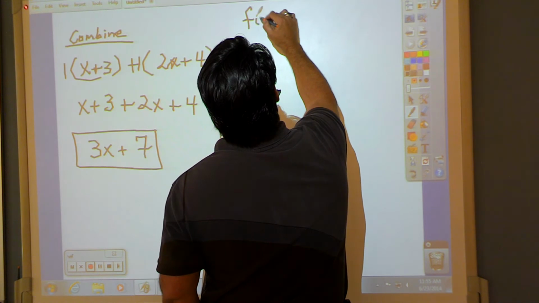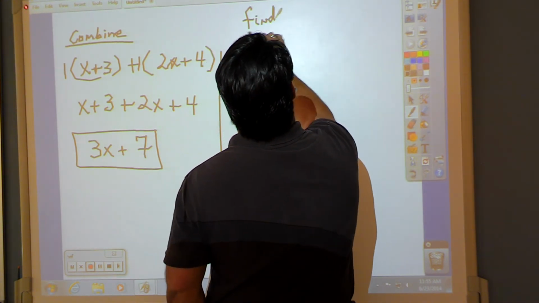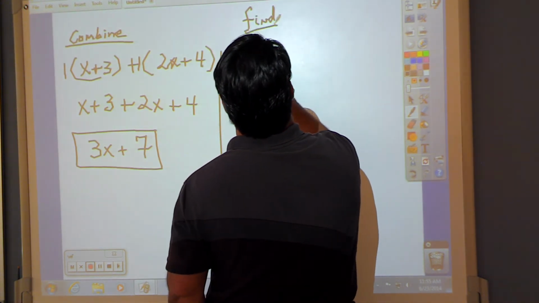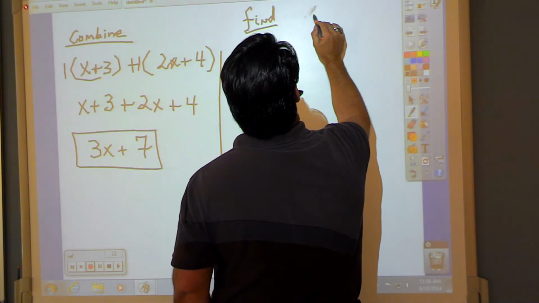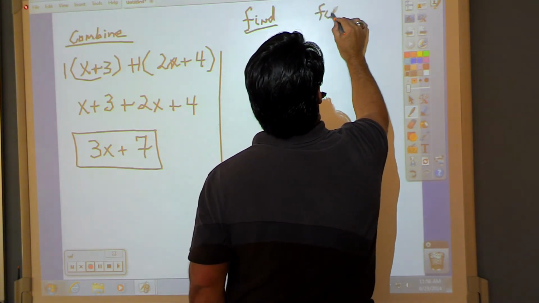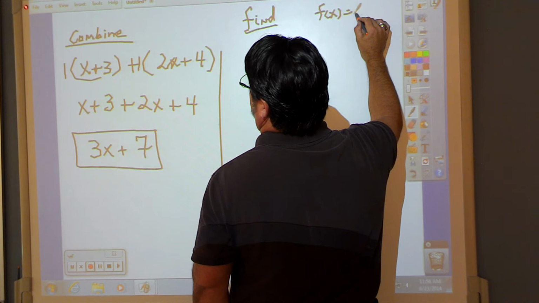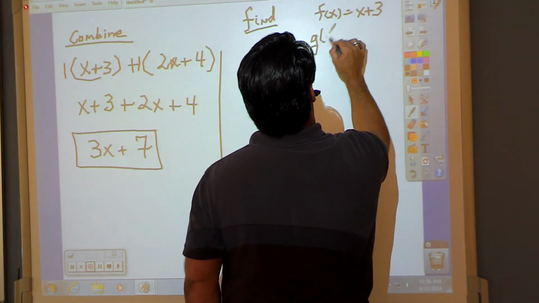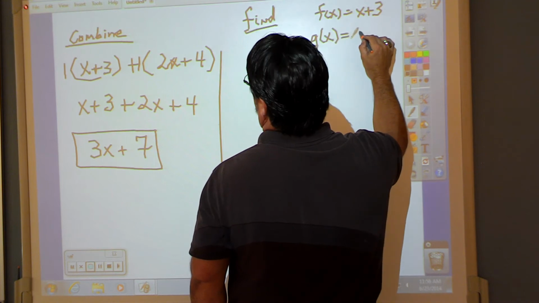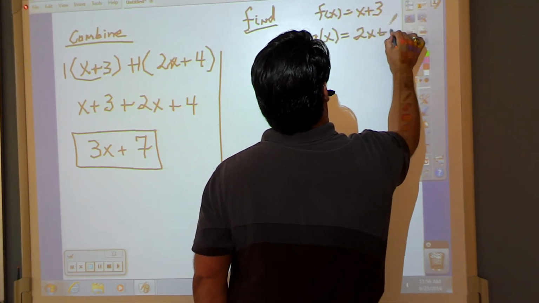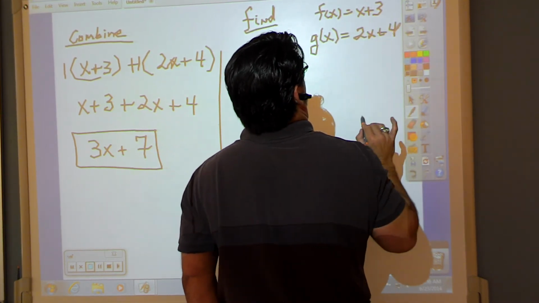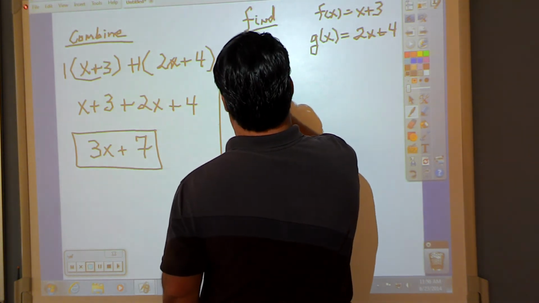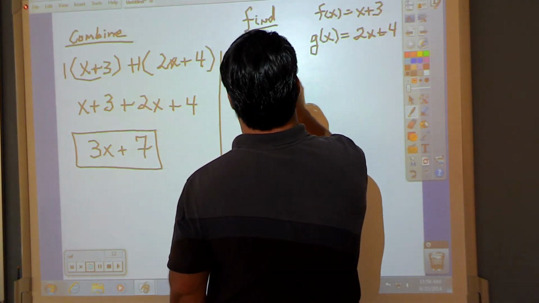Find, and then they'll say f of x is equal to x plus 3 and g of x is equal to 2x plus 4. Oop, my pinky ain't up. And they'll say find f plus g of x.